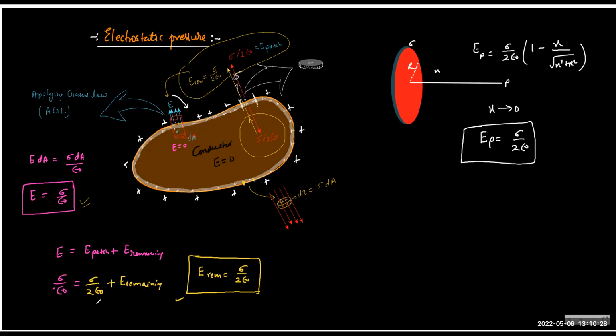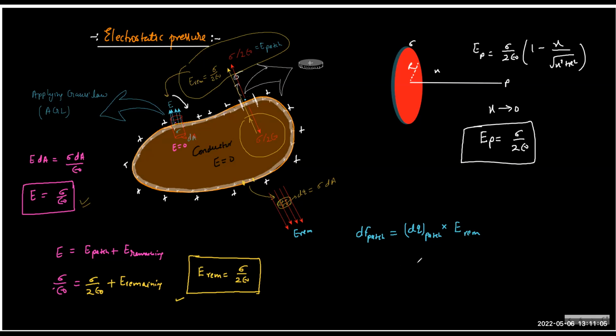Yeah. So I want to know the force on a patch. Every patch will experience the force due to the remaining electric field, no? Not its own field, isn't it? Yes. So the way we write the force on this is with E remaining. The force on a patch equals the charge on the patch into E due to remaining.